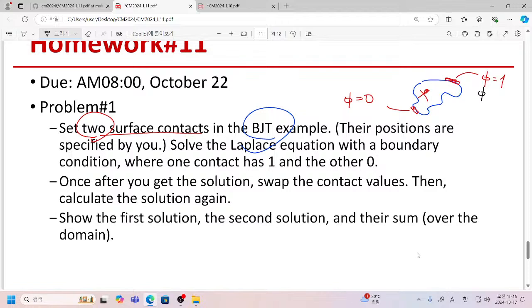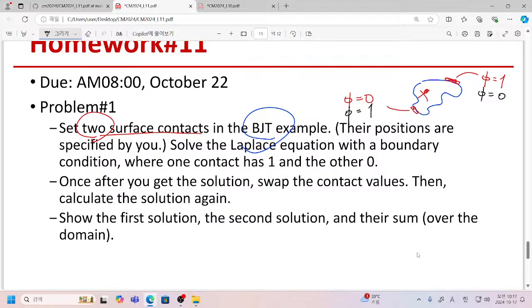Previously 1 is now switched to 0 and previously 0 is now switched to 1, and solve once again. Then you will have two copies of a solution obtained from two different boundary conditions. The final task is just to make a sum of them. So yes, then that's it.